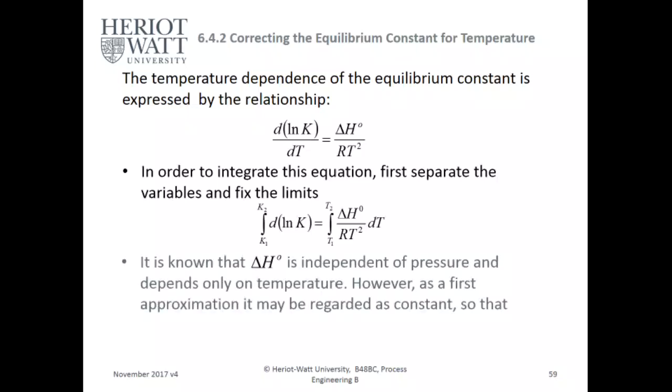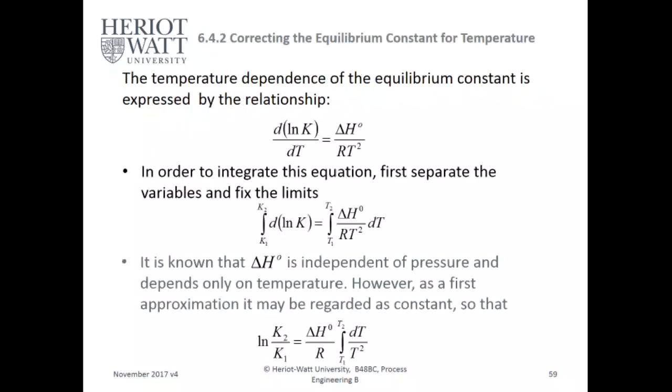It is known that delta H is independent of pressure and depends only on temperature because it's enthalpy. However, as a first approximation, it may be regarded as constant, so that log of K2 over K1 equals delta H over R, integrating dT over T squared.